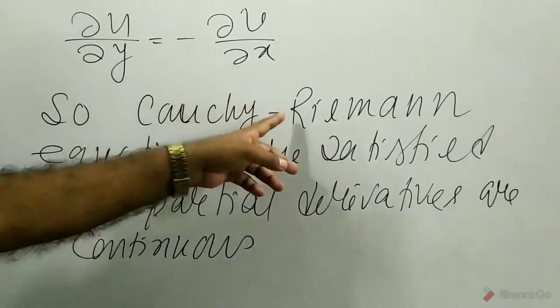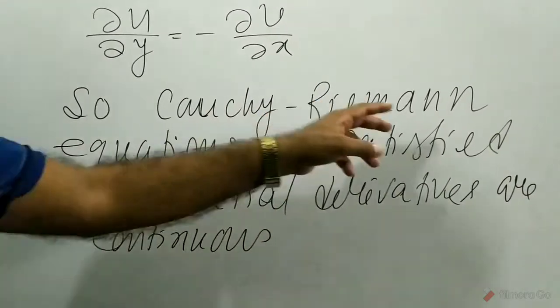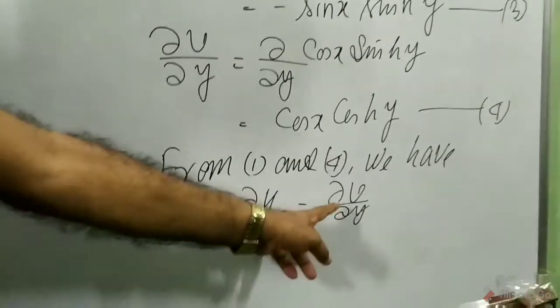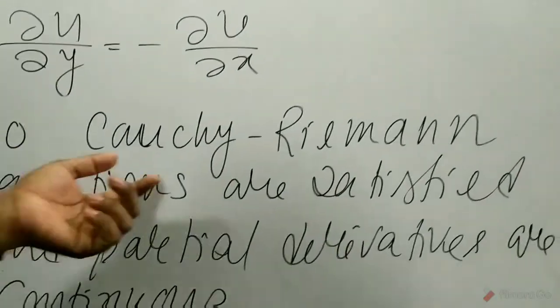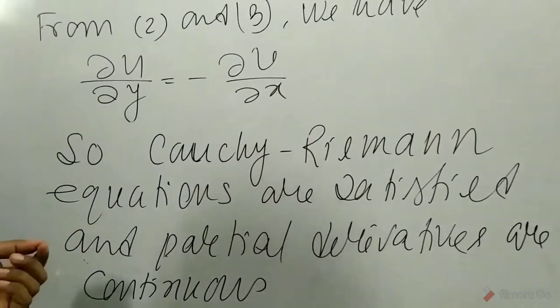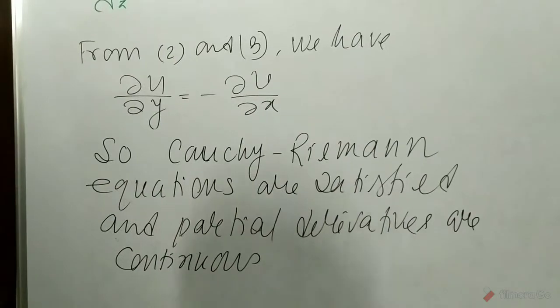This is Cauchy-Riemann equation, del u del x equal to del v del y, and del u del y equal to minus del v del x. These two are called Cauchy-Riemann equations. So Cauchy-Riemann equations are satisfied and partial derivatives are continuous.